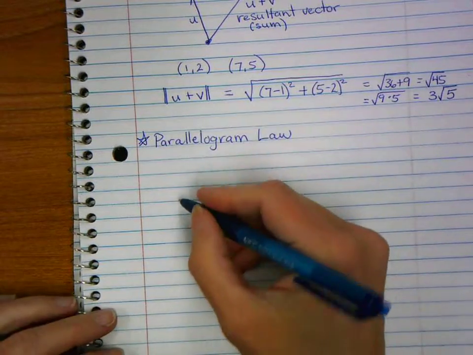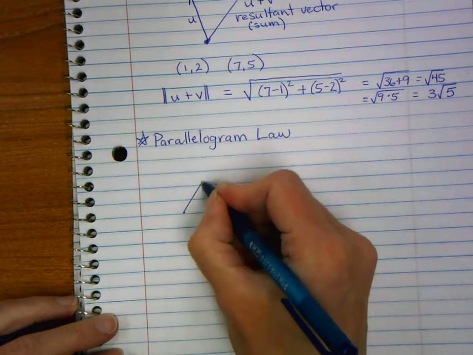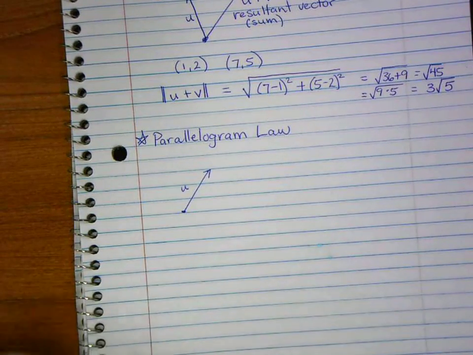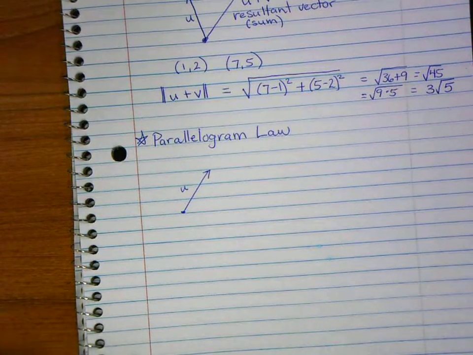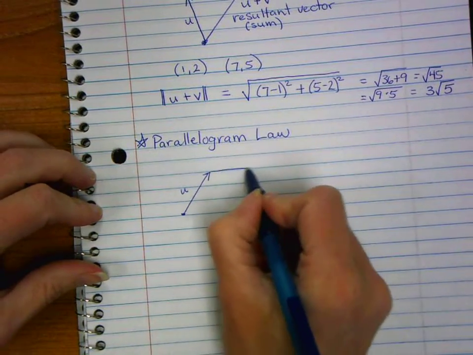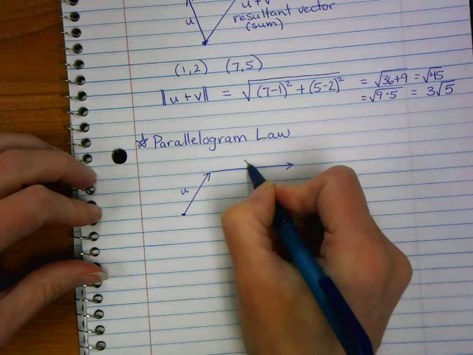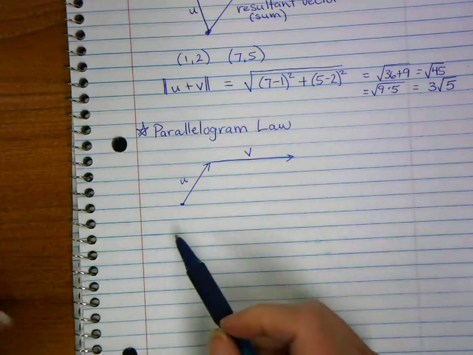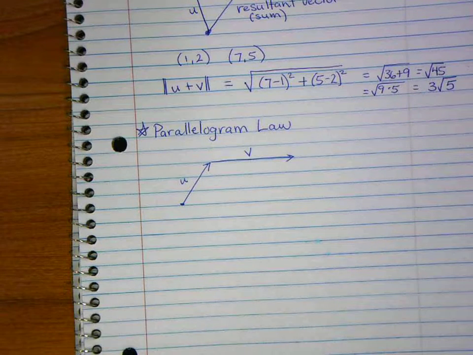So we can take a vector u, and then I'll take my vector v, and this is a new u and a new v, not the same as the one I was working before, but any vectors, and I can put them end to end this way.